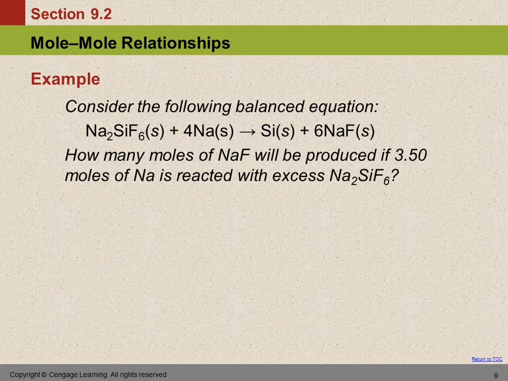Na2SiF6 plus 4Na yielding Si plus 6NaF. Right, that's a mouthful. Especially in this class, I'm not going to try to trick you by giving you an equation that looks like it might be balanced, but it isn't. So if you're given an equation that has coefficients, you can pretty much assume that that's a balanced chemical equation.